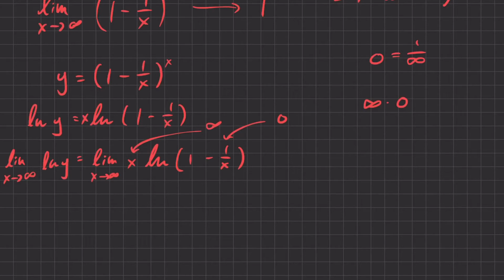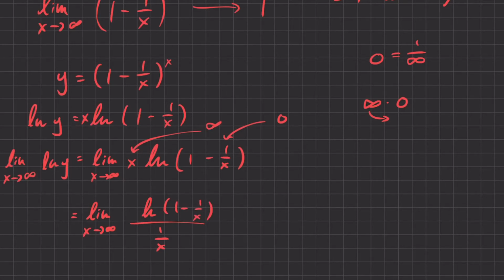So let's turn this into 0 over 0 by making that infinity go on as the denominator. So let's say that this is equal to the limit as x goes to infinity, with 1 over x as the denominator, and the numerator will be ln of 1 minus 1 over x.